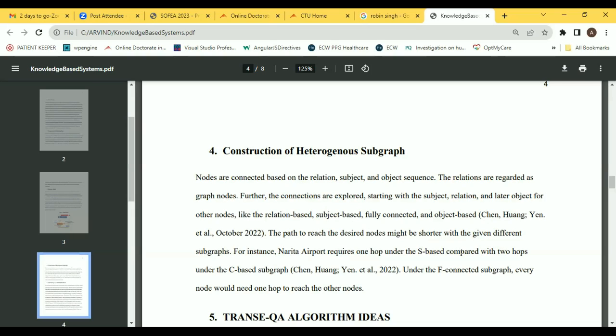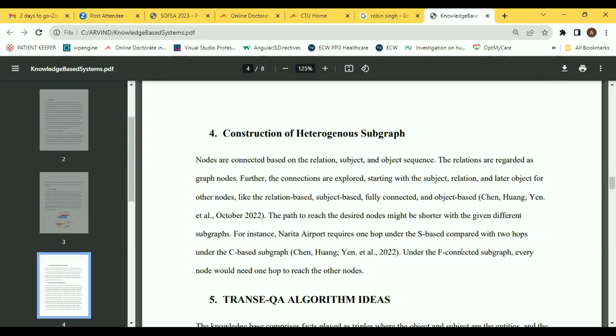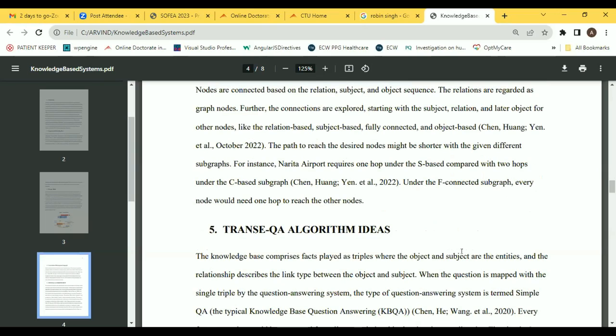The path for reaching the desired nodes would be shorter through the subgraphs. For example, Narita Airport would require one hop, which is over the S based, compared with the two hops, which is under the C based subgraph.